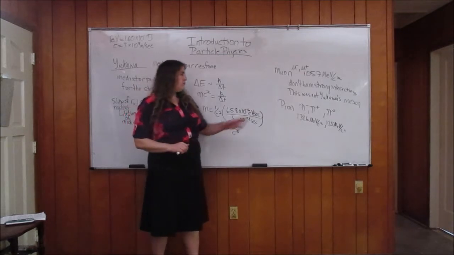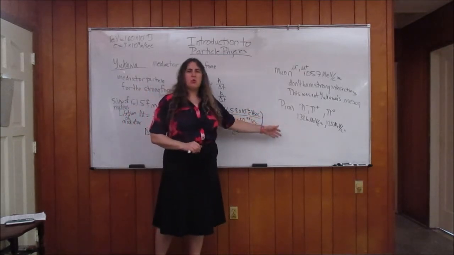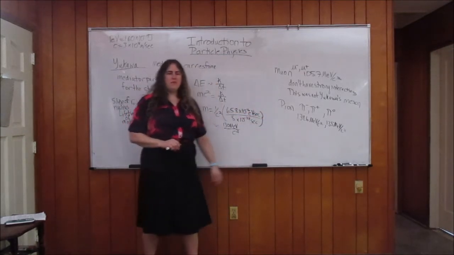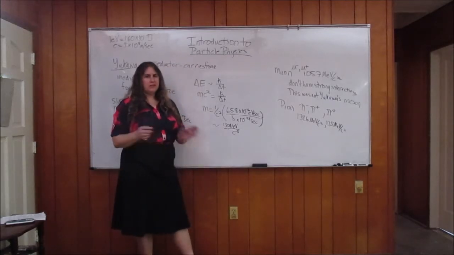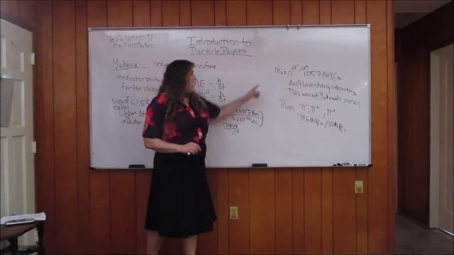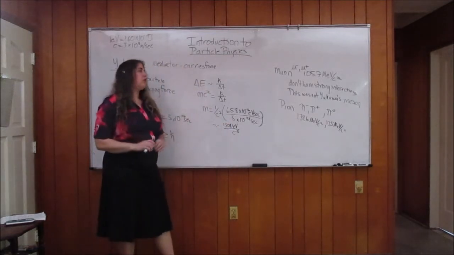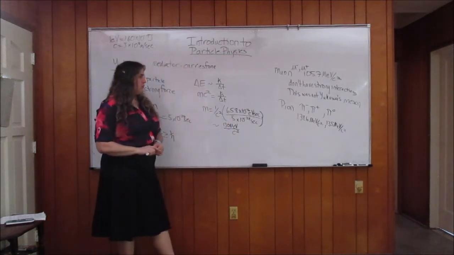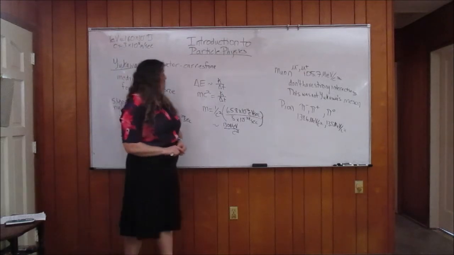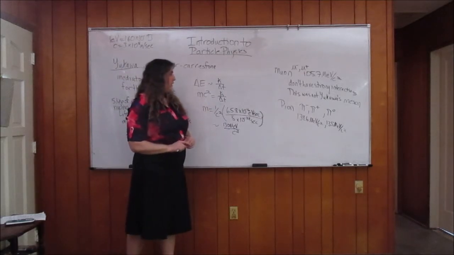And the strong interaction between those quarks is mediated, in fact, by gluons. But again, that's for another day. Muons, however, are fundamental particles, not composed, as far as anyone knows, of smaller particles. Okay, so that is Yukawa's theory and Yukawa's meson.